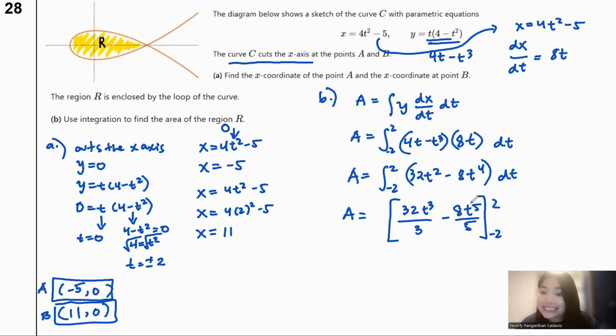Since it's already integrated, you're going to put +2 in all of your t, then put parenthesis. Next, put all -2 in all your t, and then you're just going to subtract both of them. Be careful to use parentheses. And for the answer, it will be a total of 1024 over 15 square units. And that will be the answer.